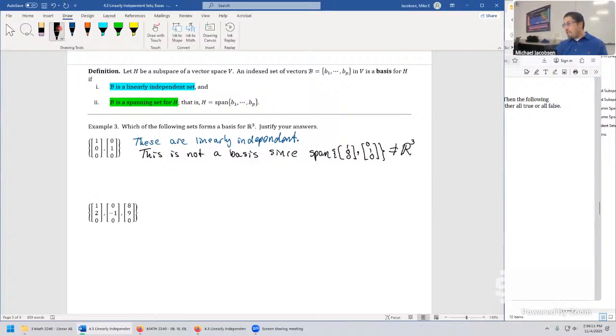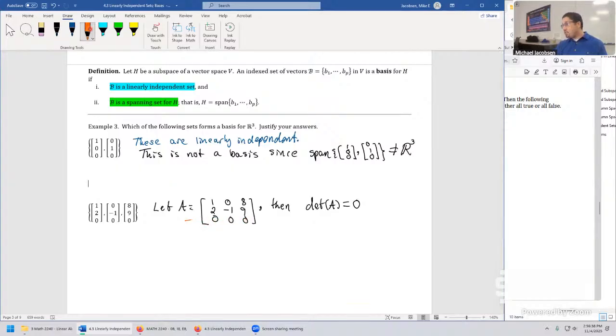On this one, if we let A equal the matrix with rows (1, 2, 0), (0, -1, 0), (8, 9, 0), so the matrix A is formed from the columns in this set right here, then the determinant of A is automatically 0. We would do a cofactor expansion across row 3 is the sensible way to go.